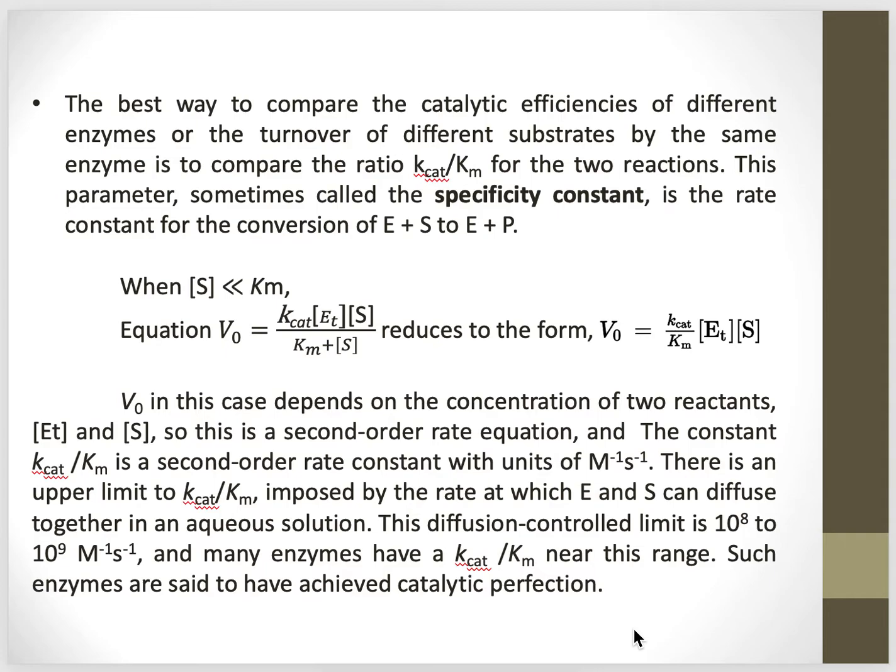Many enzymes have a kcat by Km near this range, and such enzymes are said to have achieved catalytic perfection. If an enzyme has a kcat by Km value near 10 to the power 8 to 10 to the power 9, we can say that enzyme has high catalytic efficiency.